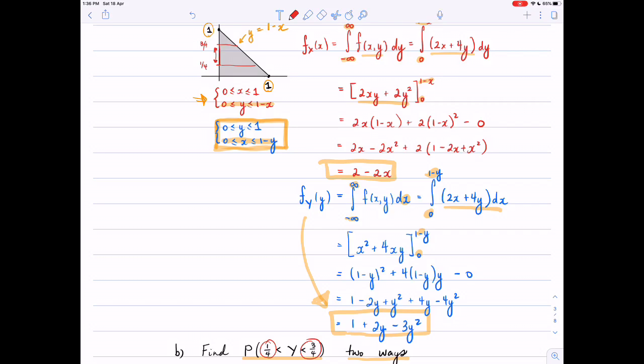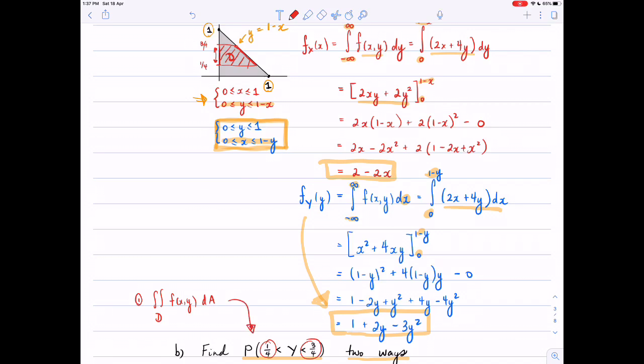So I could actually do a double integral over this trapezoidal region here. If I call that region D, the first way would actually be a double integral over D of the density function, dA.